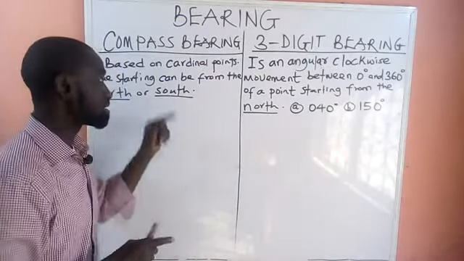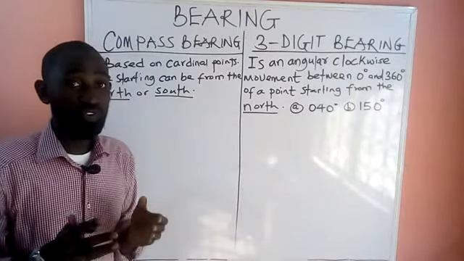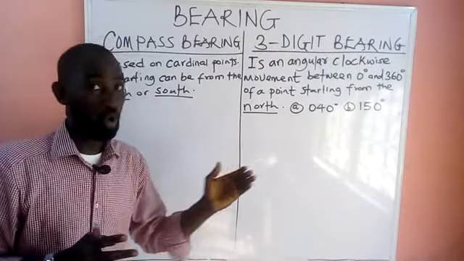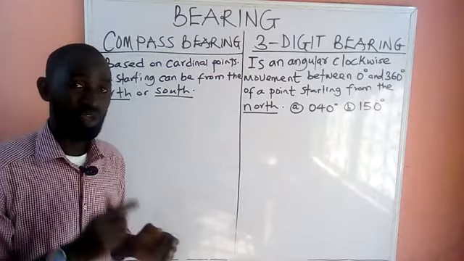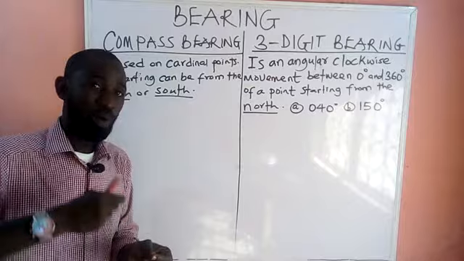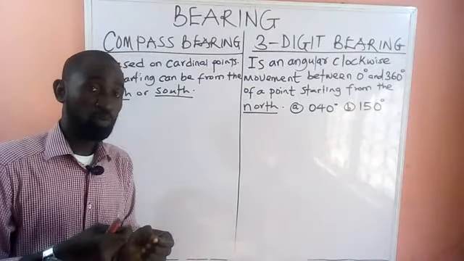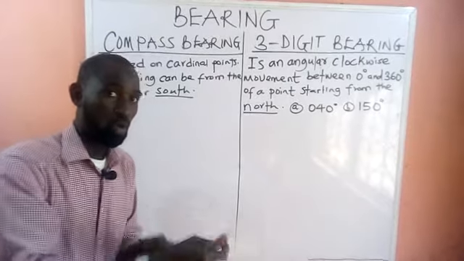The starting point of a compass bearing can either be from the north or the south. I repeat: if you want to draw a compass bearing, our starting point, that angular movement, can come from the north or the south.